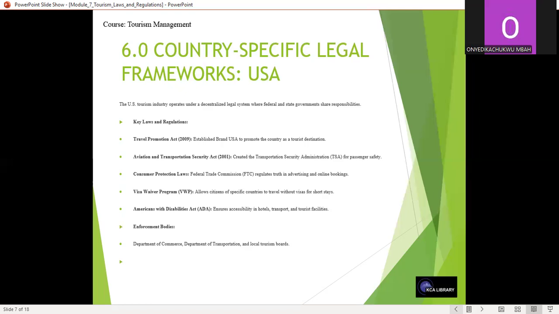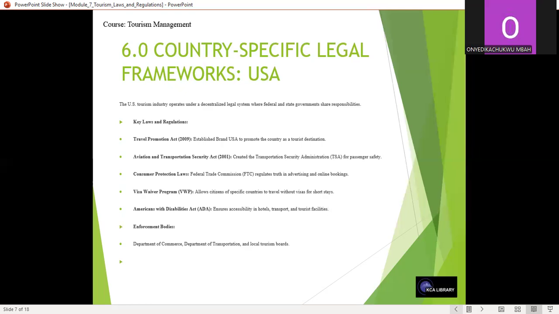Aviation and Transportation Security Act of 2001, Consumer Protection Law, Visa Waiver Program, Americans with Disabilities Act, ADA, enforcement, and then the enforcement bodies.